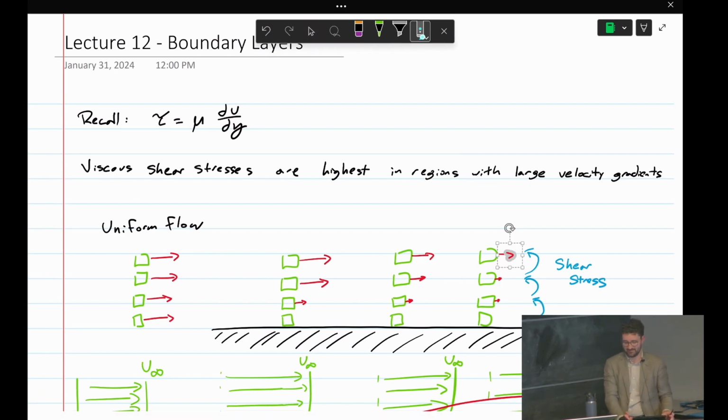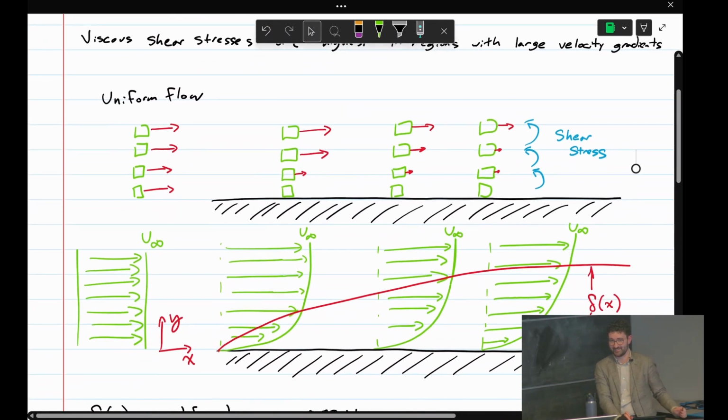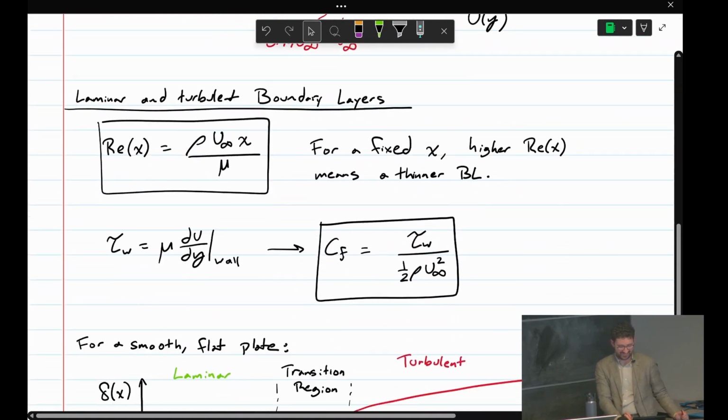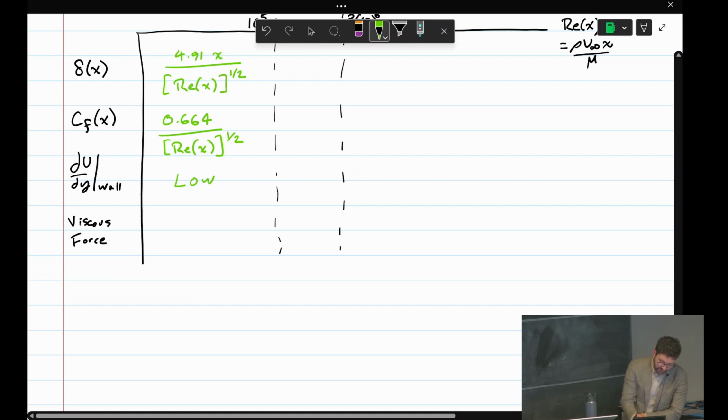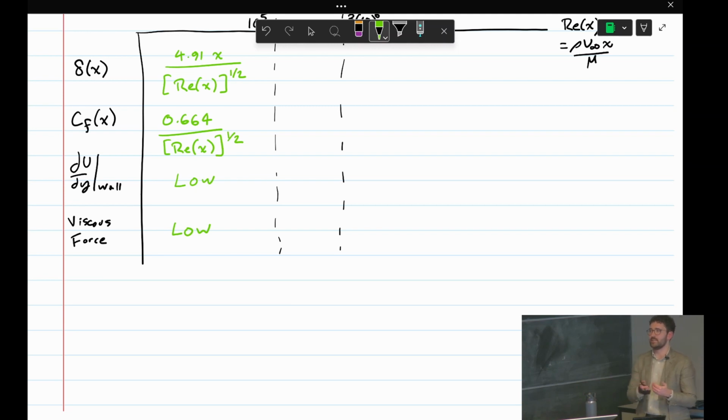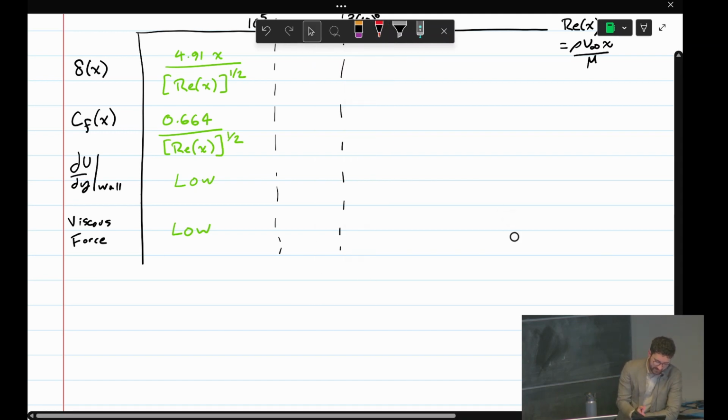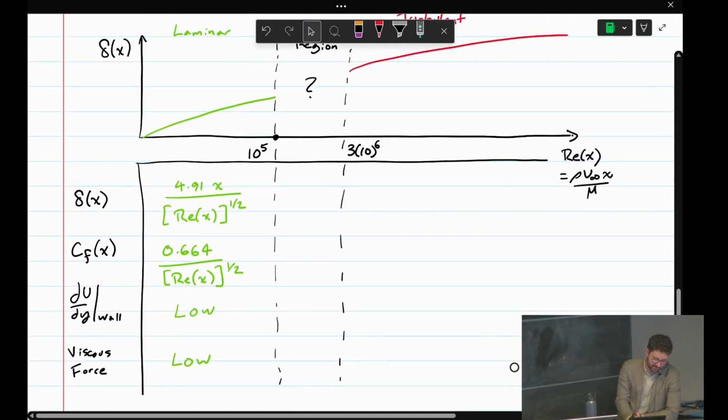So do you want to change your answer, or are you still happy with that? It's going to be low, right? Yeah. So because we have low velocity gradient, the viscous shear forces, they just depend on the velocity gradient. So if we have low velocity gradient, we don't have a lot of viscous forces. This is the behavior we get for a laminar boundary layer.